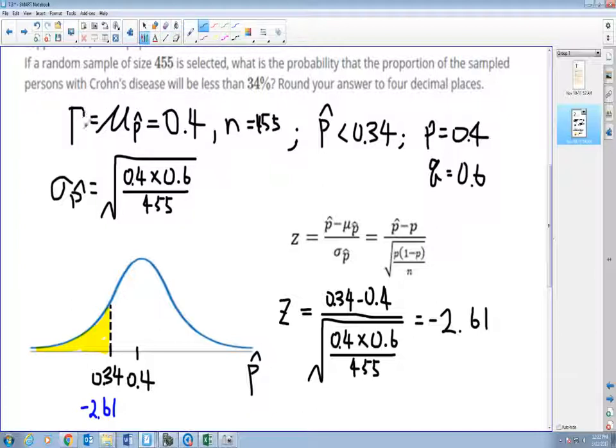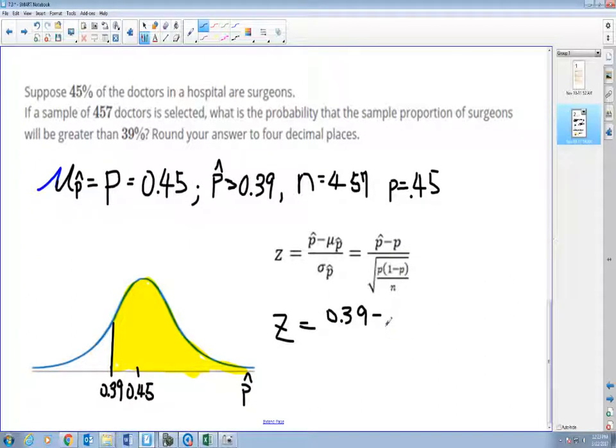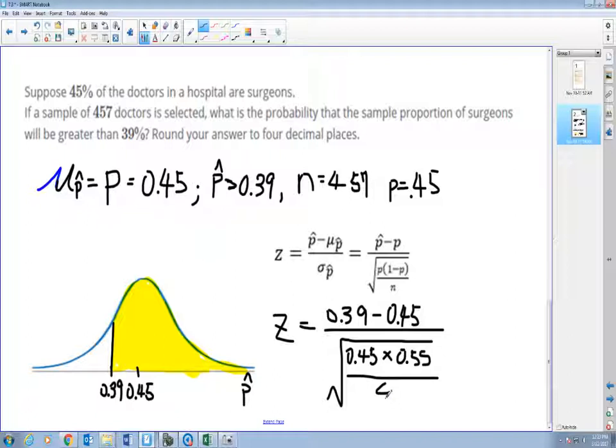Calculator. P minus population proportion 0.45, divided by the square root of population proportion P 0.45 times 1 minus P, or Q, 0.55, divided by my sample size, which is 457 doctors.